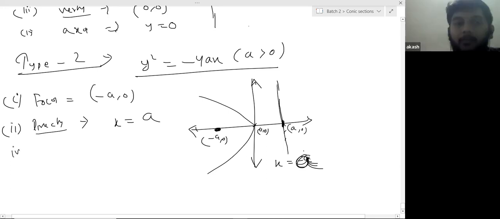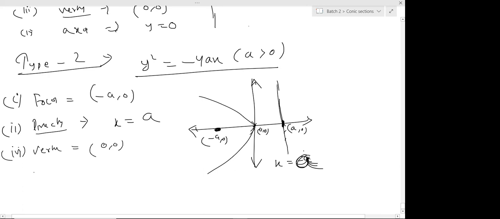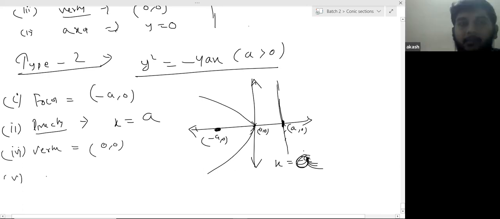After that, we have the vertex. Vertex is also 0 comma 0, here also the origin. Axis is the same, y equals to 0.